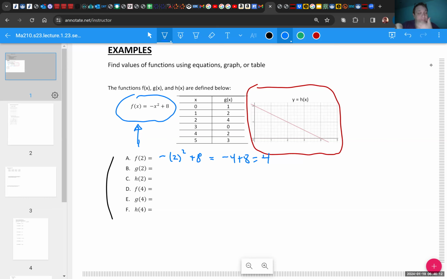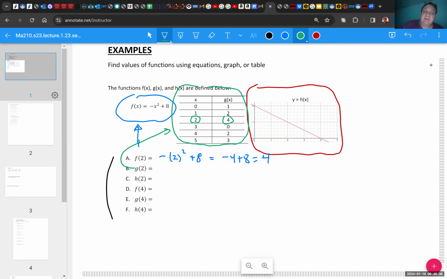Okay, there we go. For g(2), that refers to the g function, which is the function in the middle given as a table. So I'm going to be referring to there. There's nothing to plug in for 2, but it does specify that x is going to be 2. So I could just look on the table. There's where x equals 2 in the x column, and that gives a function value in the y column, or the function column, of 4.